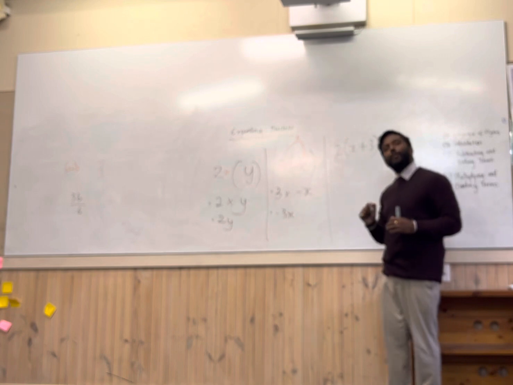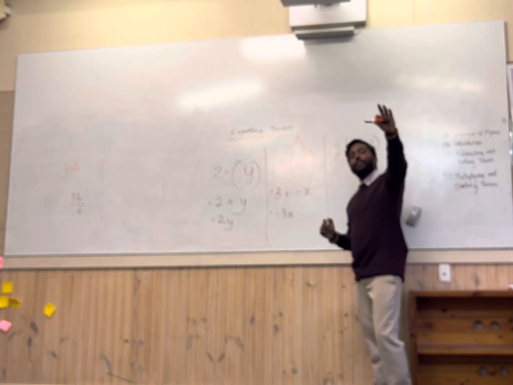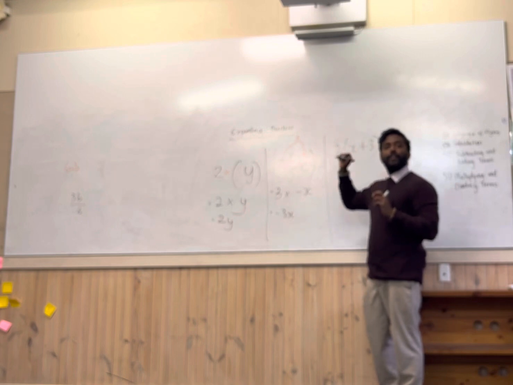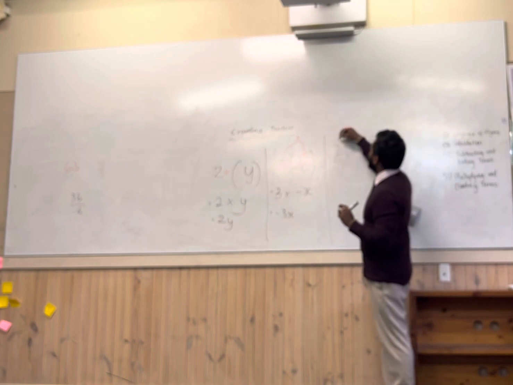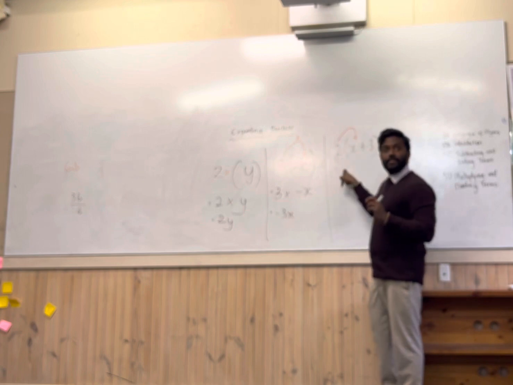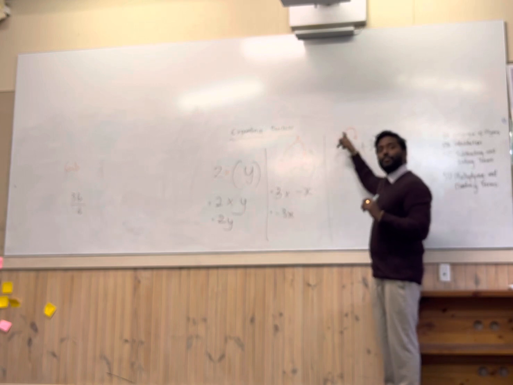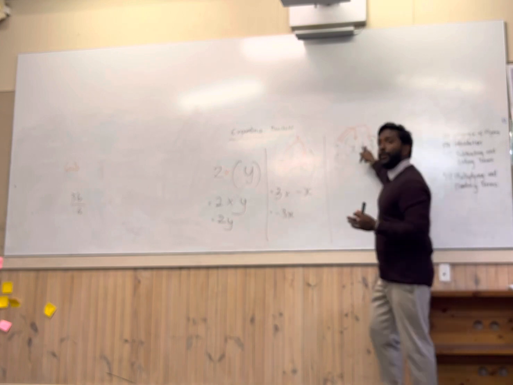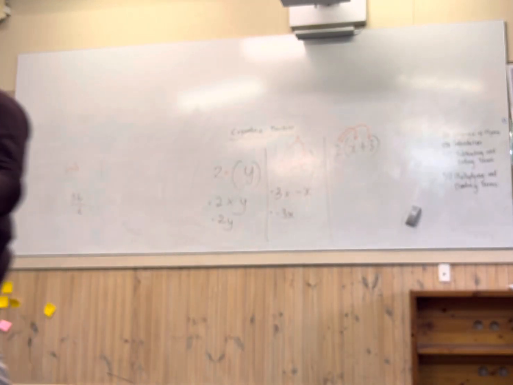What is 2 multiplying with? 3x. This x? Do we just leave it there or do we need to show another arrow as well? Yeah, another, because that 2 is multiplying with everything in the brackets.